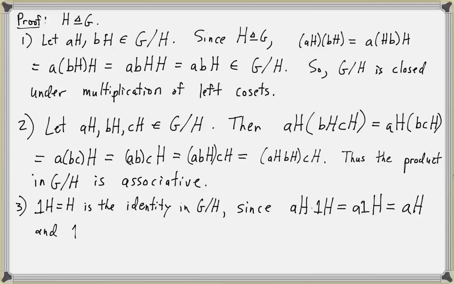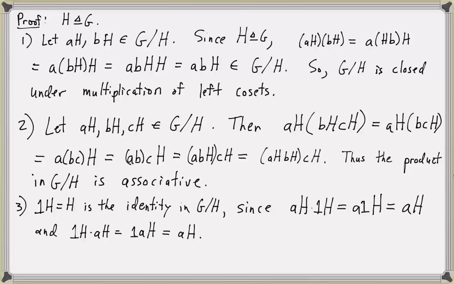And similarly, 1H times aH equals 1a times H, which equals aH. So we see this set of left cosets has an identity.